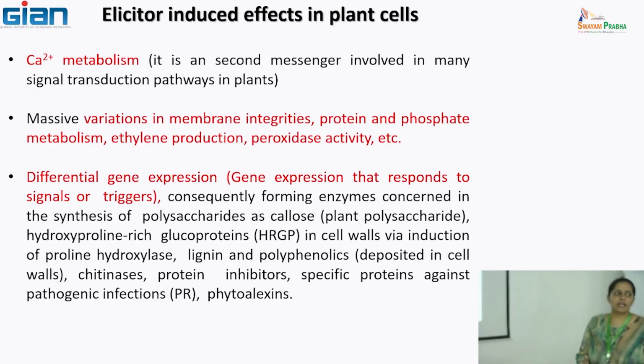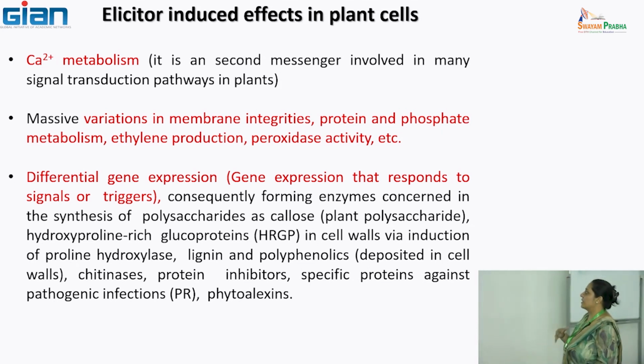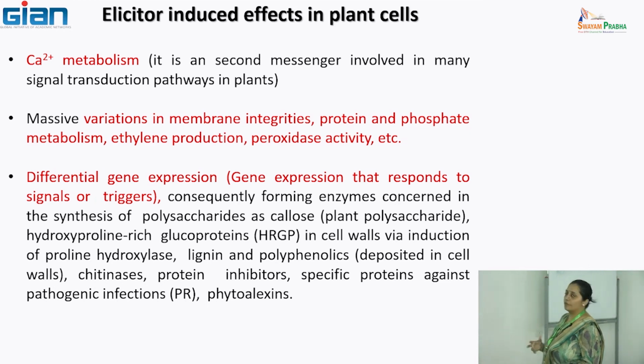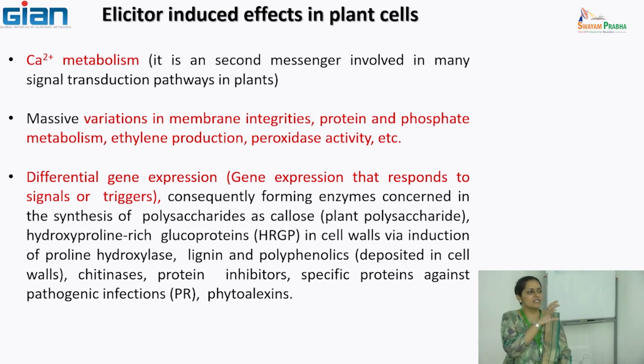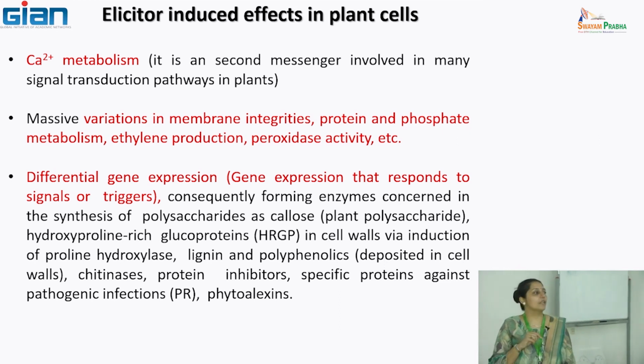Now, most of them are guided through calcium ions used as a second messenger. So, this was just a mechanism of action of elicitors. How do they work? There can be variations in membrane integrity, protein and phosphate metabolism, ethylene production, peroxidase activity. So, it's a signal cascade which runs through.